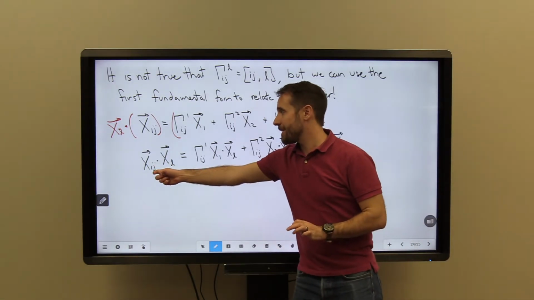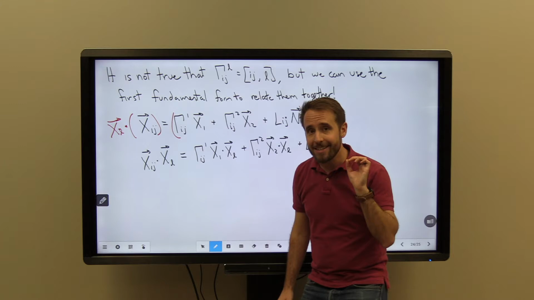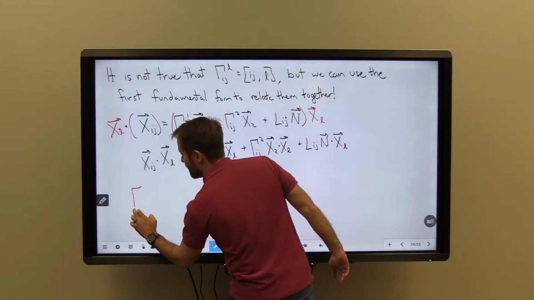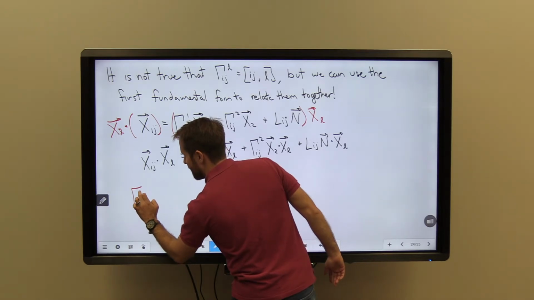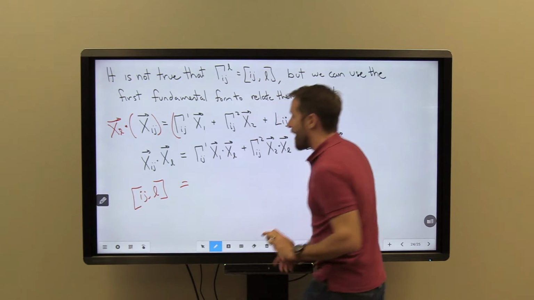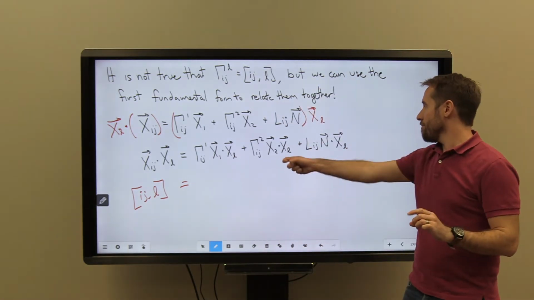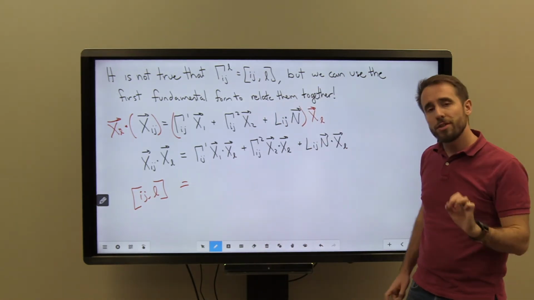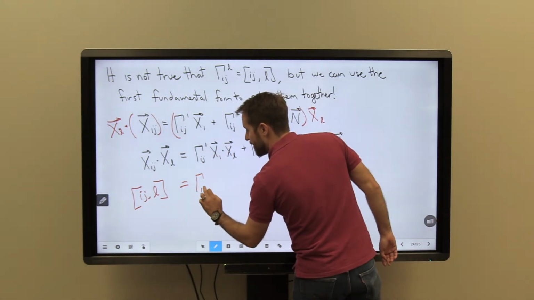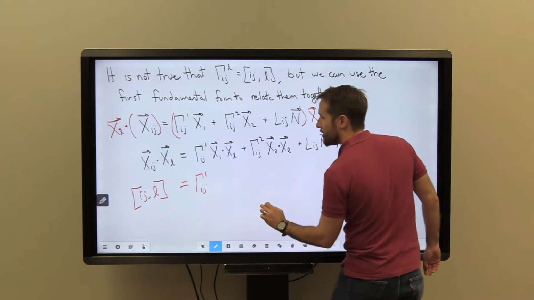And the end result is going to be as follows. Over here I'll get the xij dot xl. That is exactly the bracket symbol that we just developed. So this is ij dotted with l. And that will equal, as we go down the line, notice what we get. The Christoffel symbol will stay the same, so that's gamma 1ij.